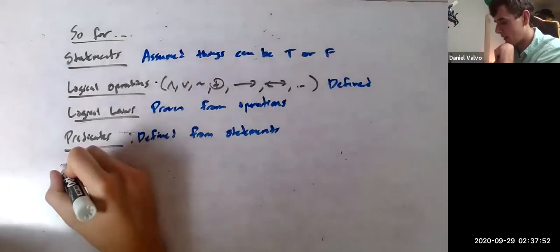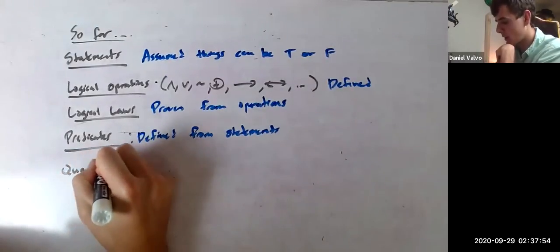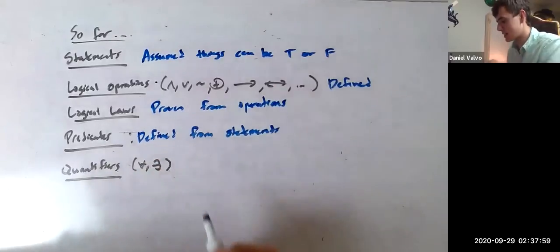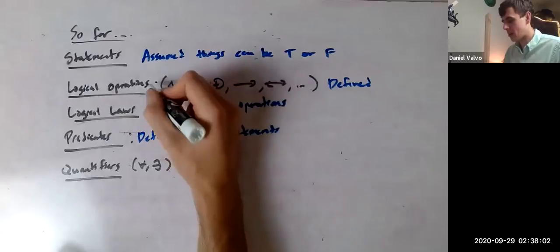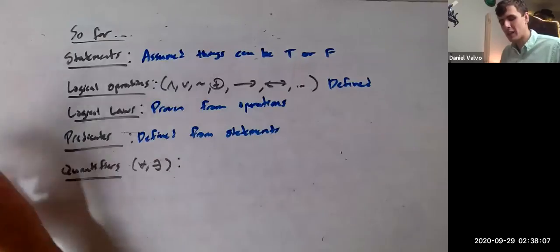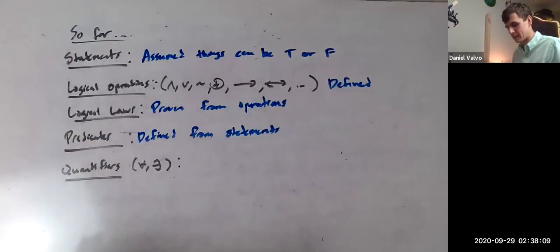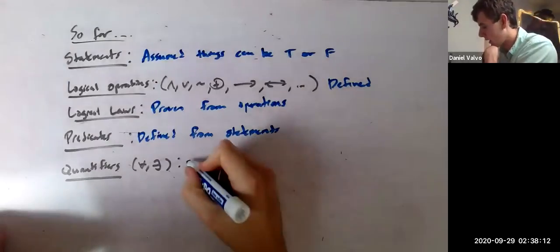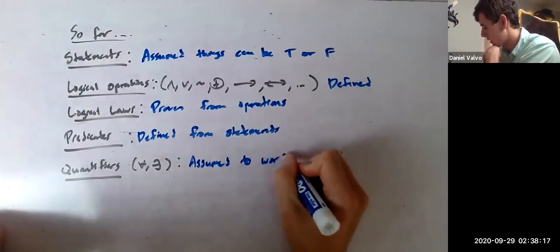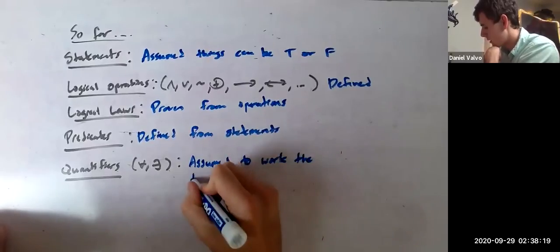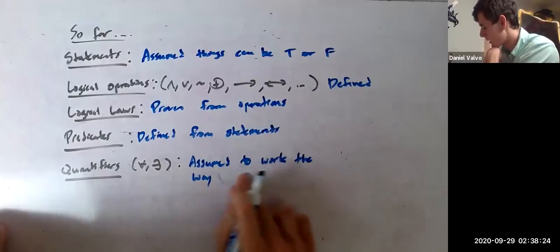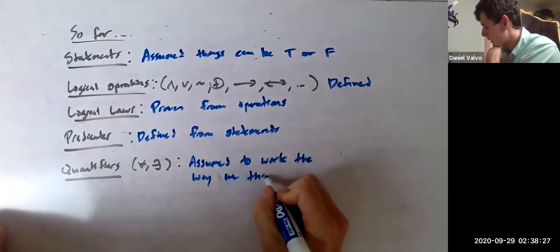And then the last thing we did was quantifiers. For all, there exists, that kind of thing. These were another thing we assume to work the way we think.